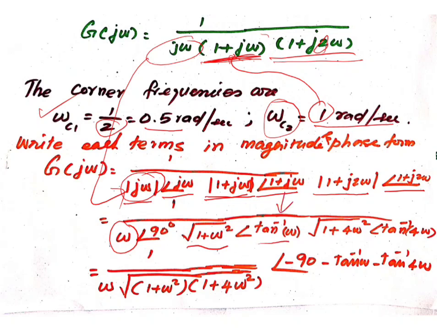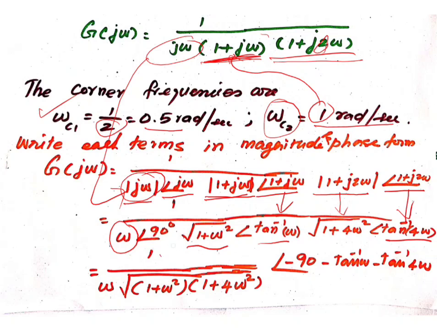That is, ω is the imaginary part and the real part is 1. Regarding 1 + j2ω, the magnitude is square root of 1 + 4ω², and the phase angle is tan inverse of 2ω. Now I am going to separate magnitude and phase.